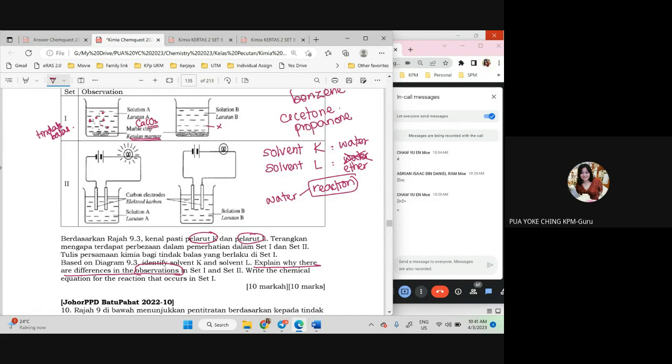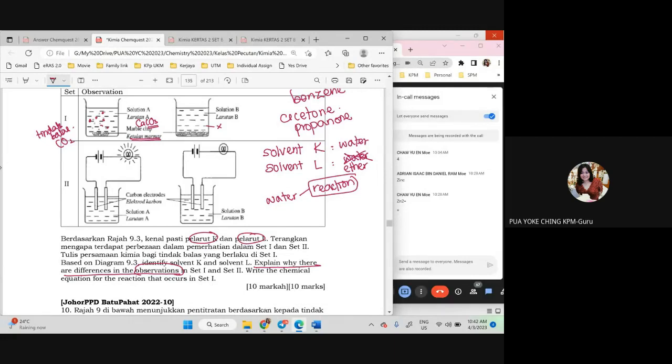So ada karbonat, maksudnya bubble ni ialah carbon dioxide. So, set 1 larutan A digunakan, tindak balas berlaku, carbon dioxide dibebaskan. Set 1 larutan B digunakan, tiada tindak balas berlaku, tiada carbon dioxide dibebaskan. 1 markah lagi.